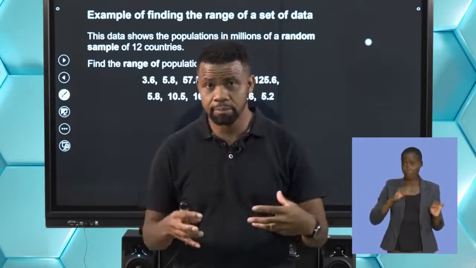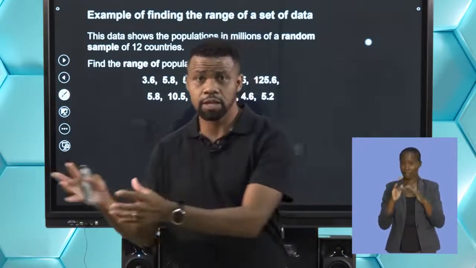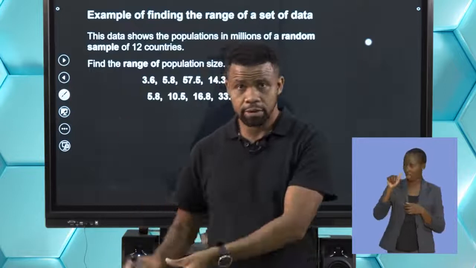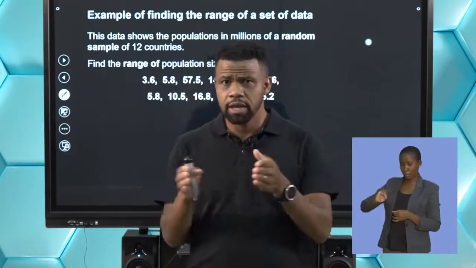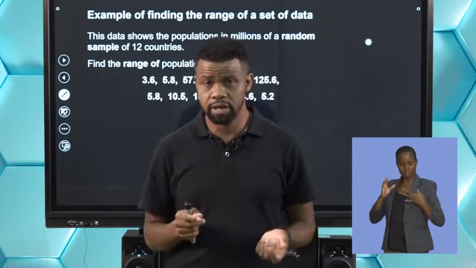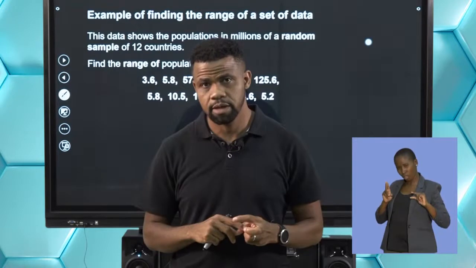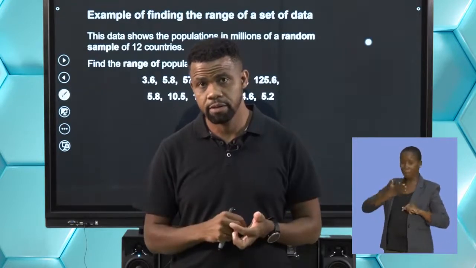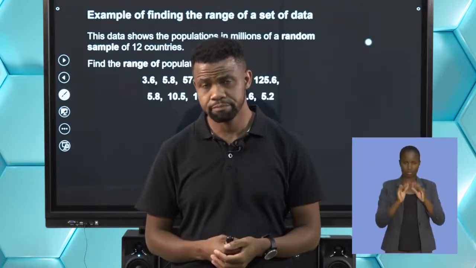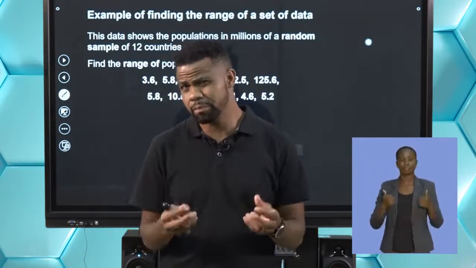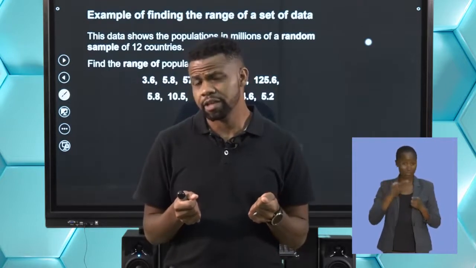It implies there's inconsistency in that company. But if I go to another company, and the highest paid minus the lowest is not that big, there's consistency in that company based on the range. Good. But range is not the best measure of dispersion. Are we together?